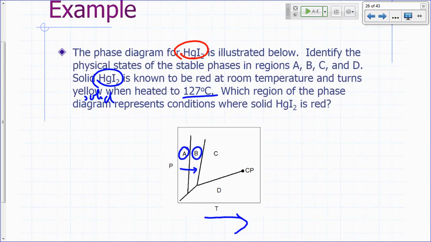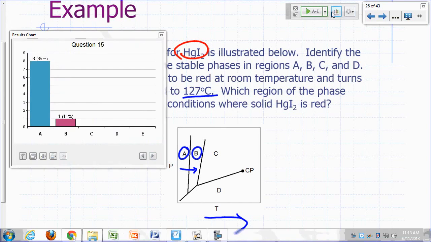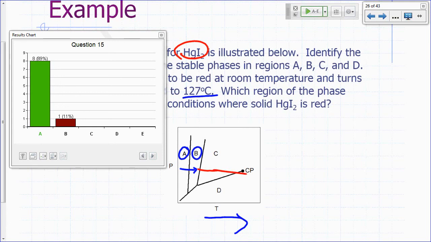So red is region A. When you heat it enough, raise its temperature enough, it switches over to region B and becomes a yellow solid. And if you keep heating it, what happens to it? Eventually it melts, turns into a liquid. If you keep heating it, eventually it turns into a gas.